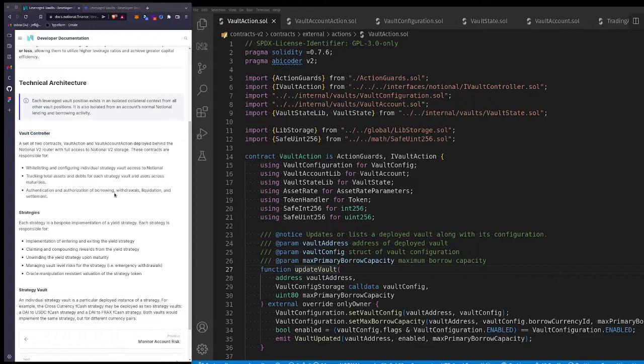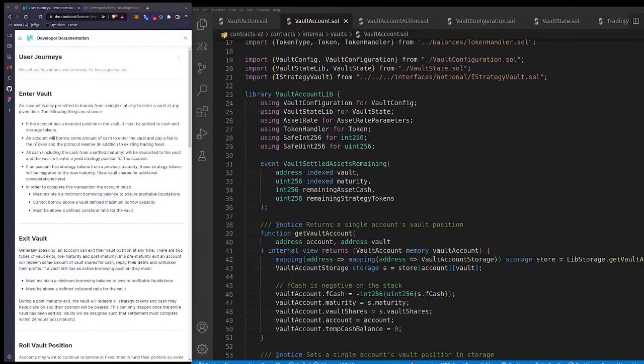So vaults need to consider how they will unwind their position upon maturity. And lastly, every strategy needs to provide a valuation of the spot price on its yield position, and that has to be flash loan resistant and secure in many ways.